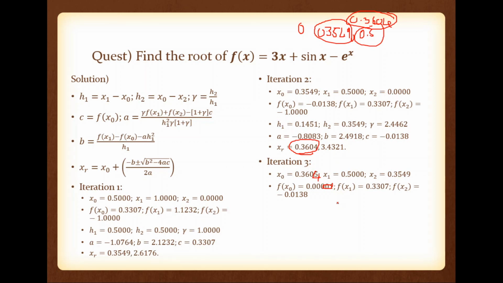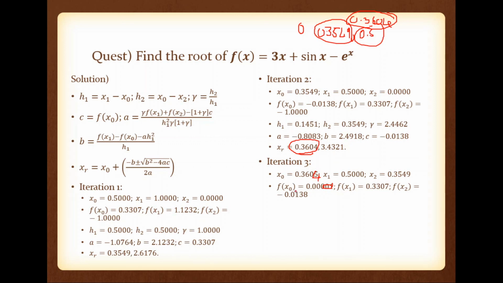If the current x0 and the previous x0, if these two are exactly equal, then you can stop. Okay, means if you are executing this iteration, I am not stopping here. By using the x0 condition, I am going to stop.